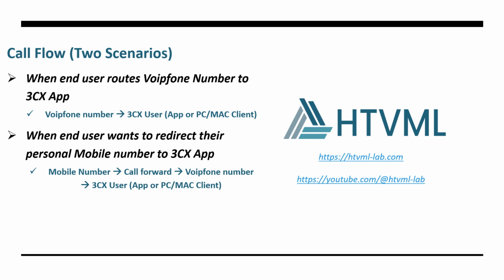And at the last, after the setup and configuration, there would be a step where you can redirect your personal mobile number to the VoIP phone number, which basically does the same thing of forwarding the number from Voipfone over to 3CX. So I'll show you that as well. Just these two scenarios, keep them in mind, and then let's start up with the configuration and setup.